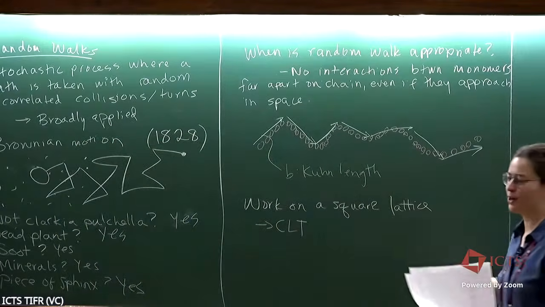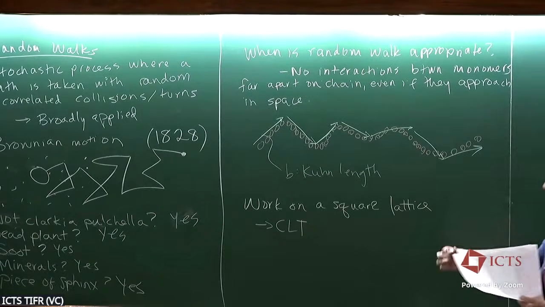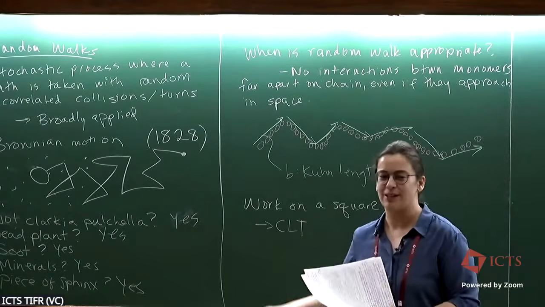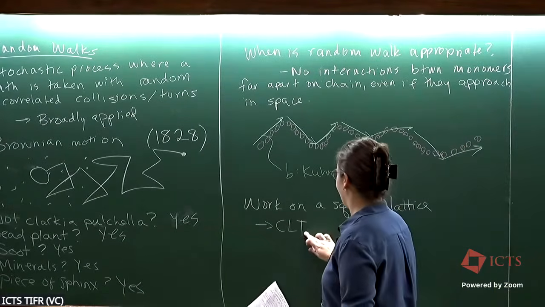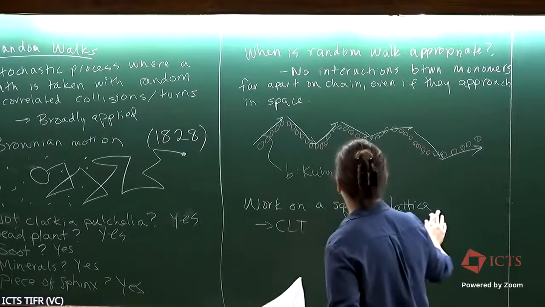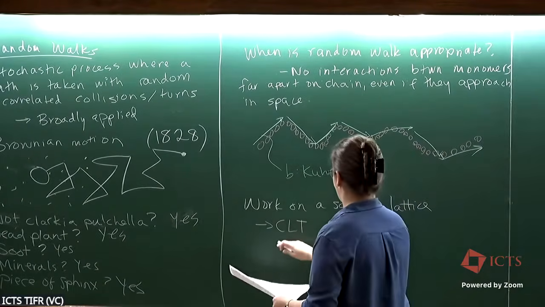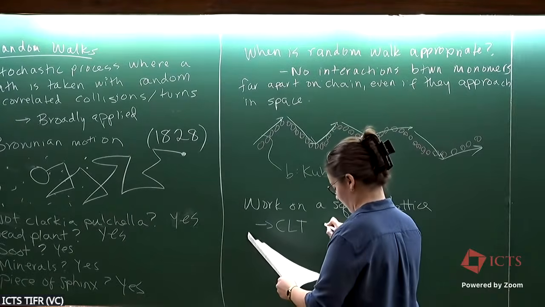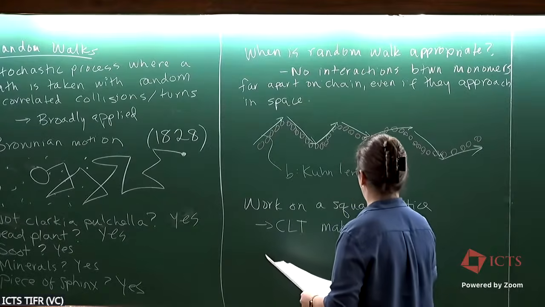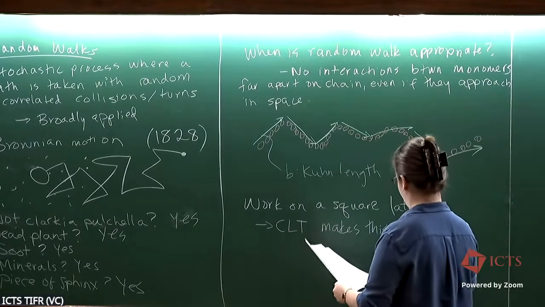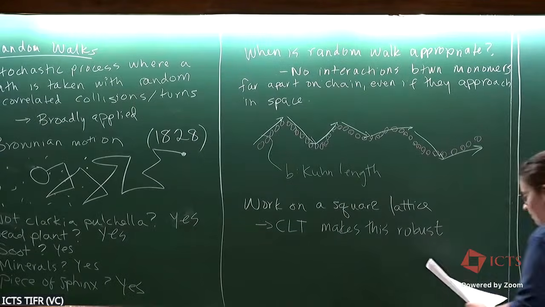You can do it, especially if you're drawing step sizes from interesting distributions, but as long as we're keeping even steps and allowing it to happen in a continuous space or a continuous angle, what I'm saying will all still work, even though I have the luxury of deriving it in this simple system on a square lattice. So the central limit theorem makes this robust, since we are really just adding up a bunch of random variables.